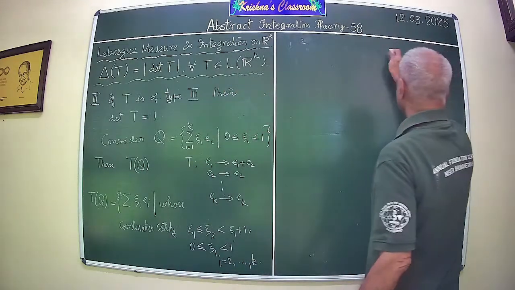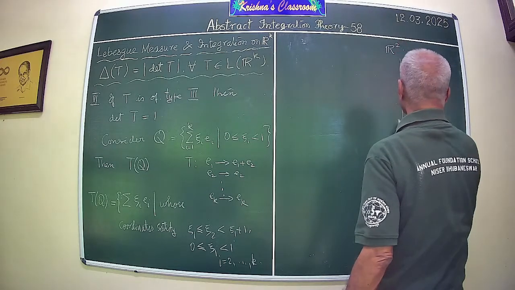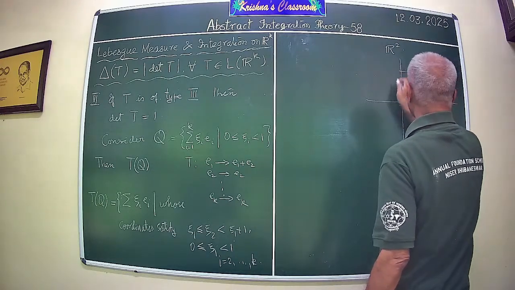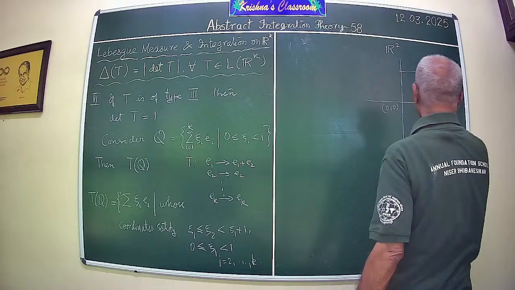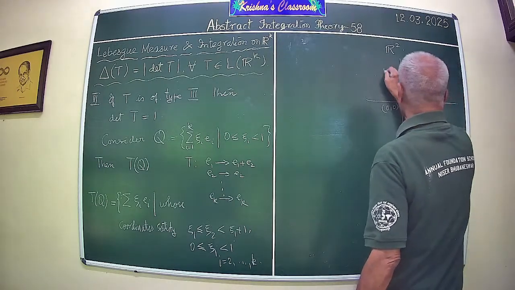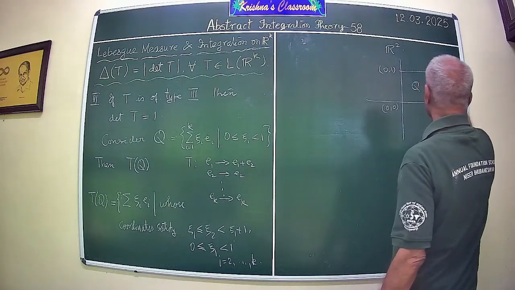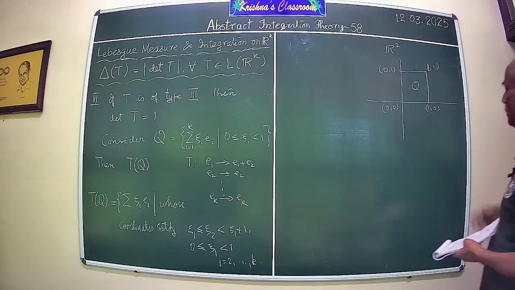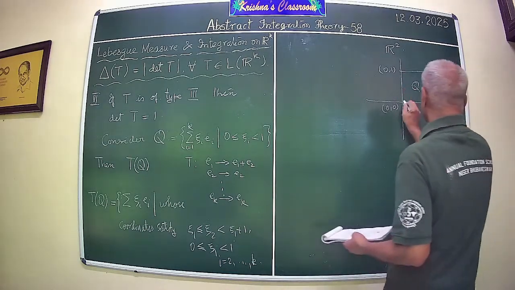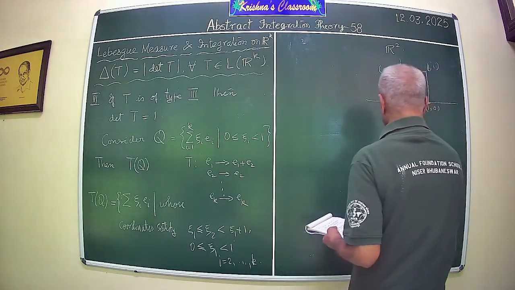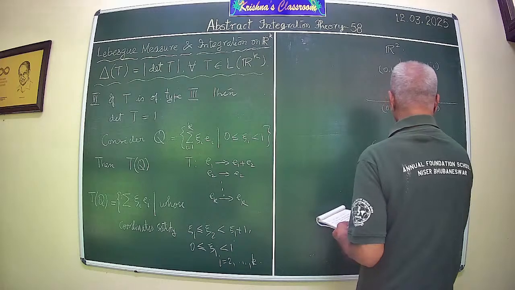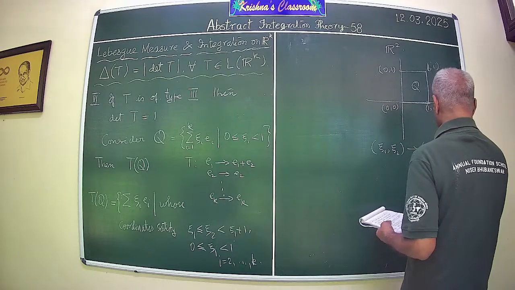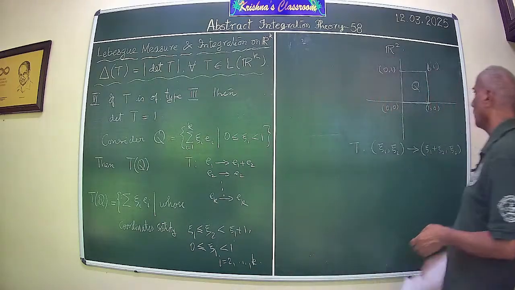Take R2. Now the first transformation is E1 is changed to E1 plus E2. This is the property of T.